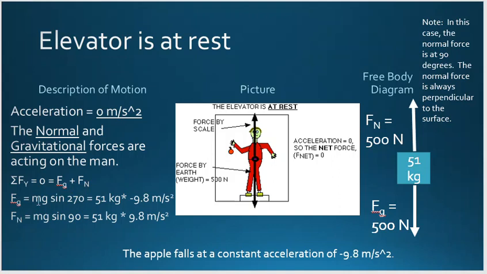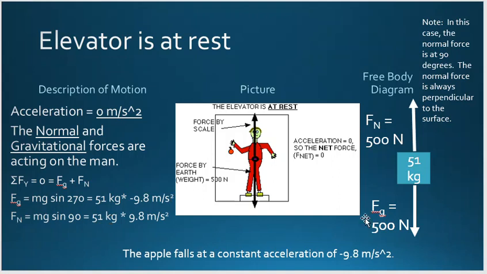Fg is equal to mg, mass times the acceleration due to gravity, sine 270, which makes it negative because it is going in the downward direction. Fn, the normal force, is equal to mg sine 90, which is equal to 51 kilograms times 9.8 meters per second squared. On our free body diagram, it's the same one.